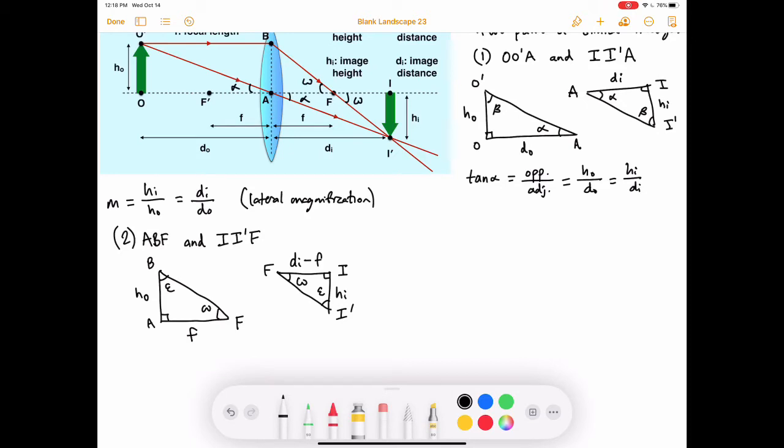And just like before, we can say there's a tangent of an angle, let's call it tangent omega, which would be the opposite side over the adjacent side for both triangles.